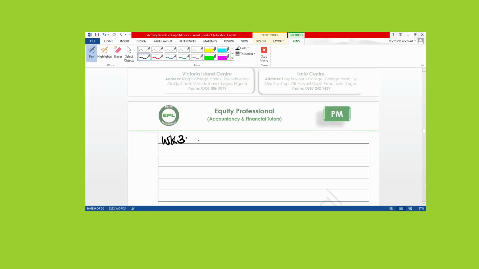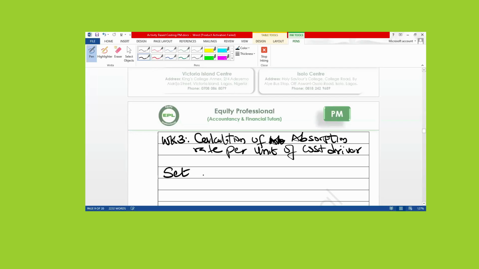Working 3: calculation of overhead absorption rates per unit of cost driver. You start with setup cost driver rates.